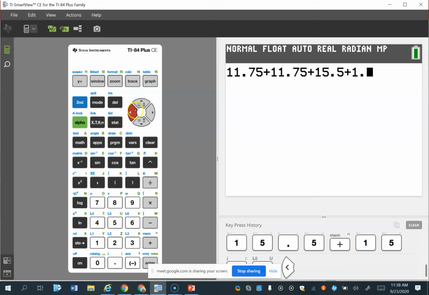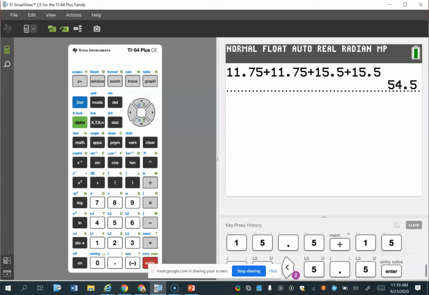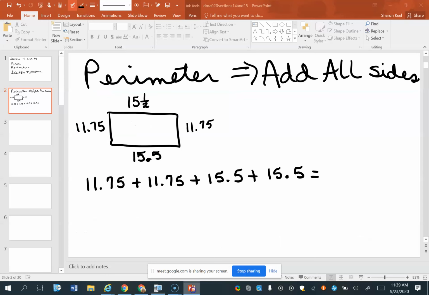I'm having a little bit of a lag here, so be careful if that's happening with you. Okay, and that gives me 54 and a half. And if my units are feet, with perimeter, it's still going to be feet.